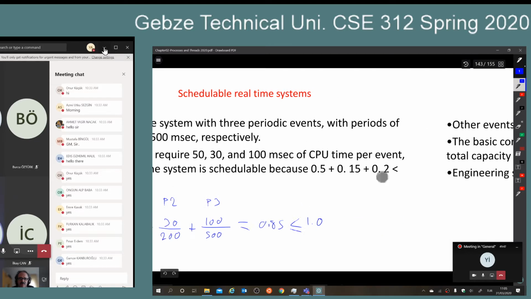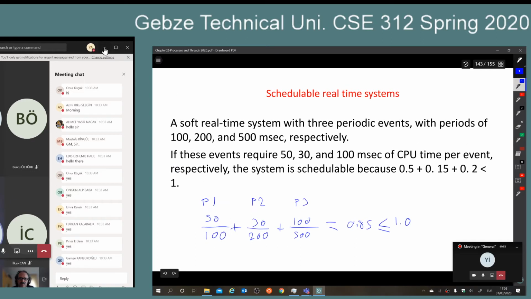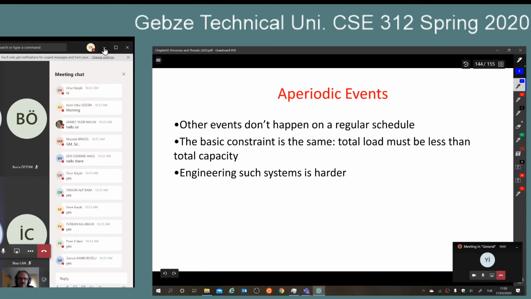Good. There are no questions. Maybe I can continue. Of course, these will say that I am going to run every 500 milliseconds, but there could be some aperiodic events like this one. Sometimes they don't depend on periods. Sometimes they don't have any periods.